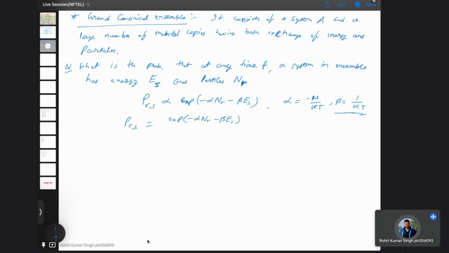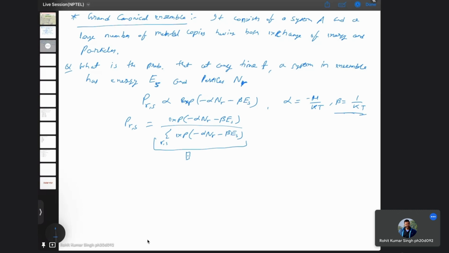Sum over all the states is what we call our partition function. This is our grand canonical partition function, given by the symbol xi.